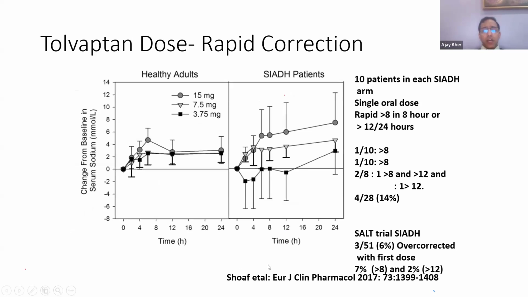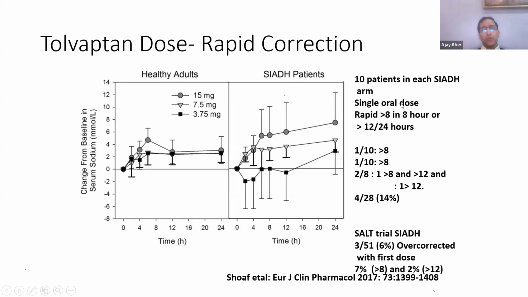So this is a study which was published in 2017, and this is from Otsuka, which makes tolvaptan. What they did was they looked at healthy adults and gave them 15, 7.5, and 3.75 milligrams of tolvaptan. And then they gave SIADH patients the same 15, 7.5, and 3.75, 10 patients in each arm.